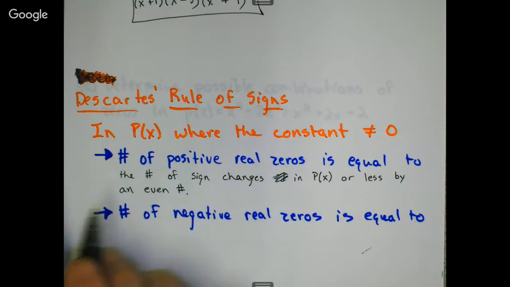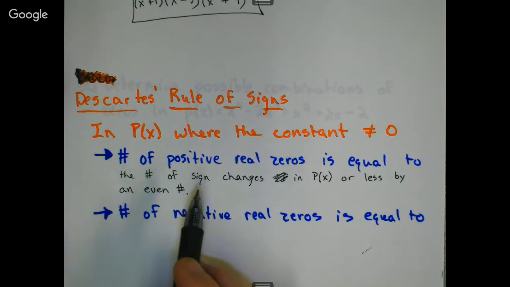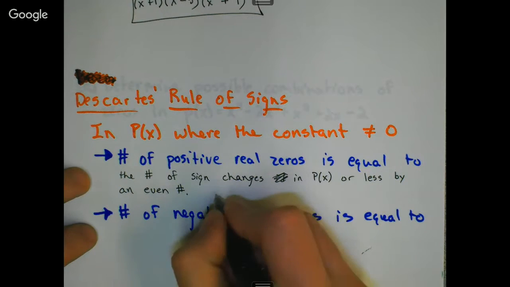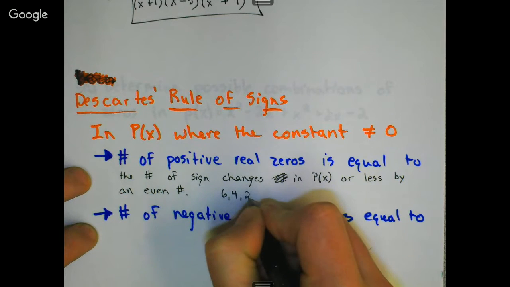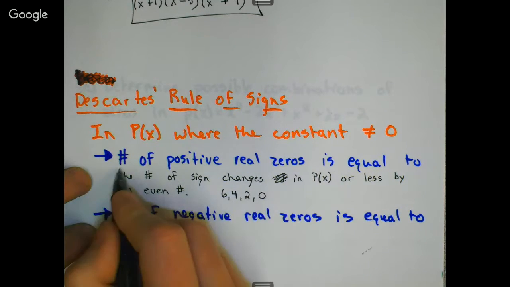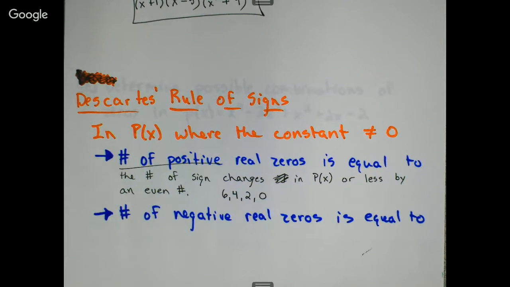So if I look through my polynomial and I see that there are, let's say, 6 sign changes, that means there's 6, 4, 2, or 0 positive real zeros.